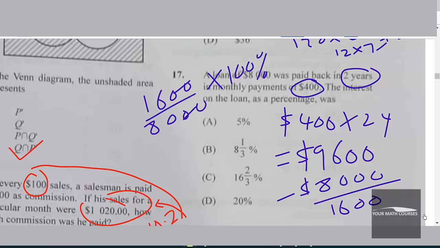So this will cancel this. Then this will cancel also this. So 8 will go into 16 two times. Then 2 times 10 is 20. So it will be 20%.